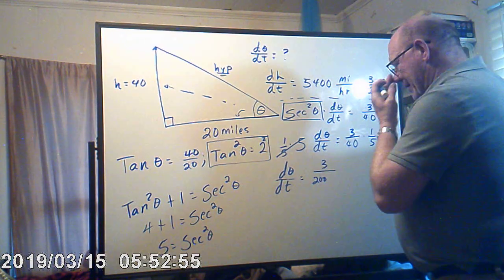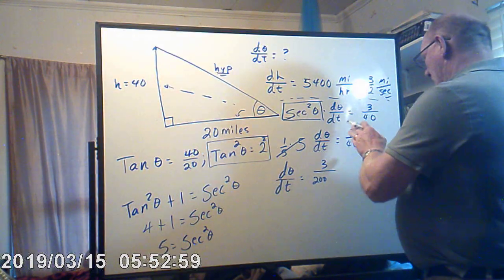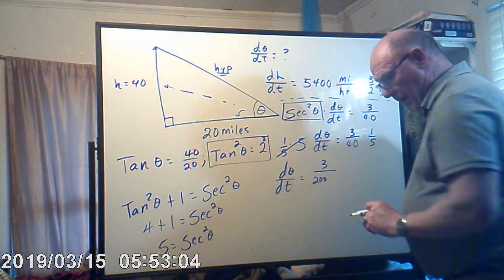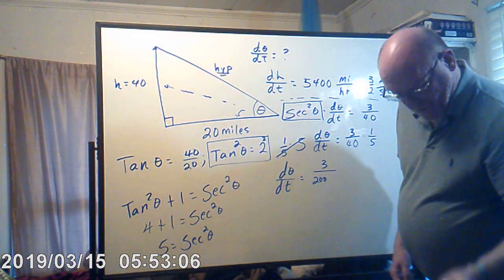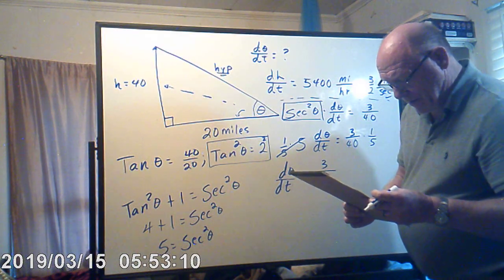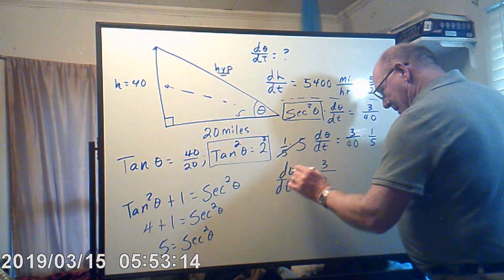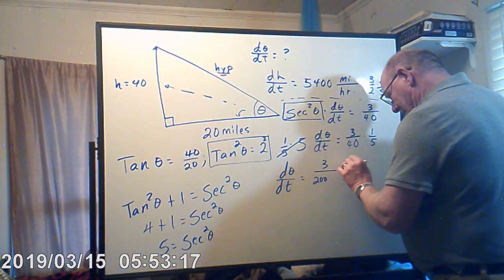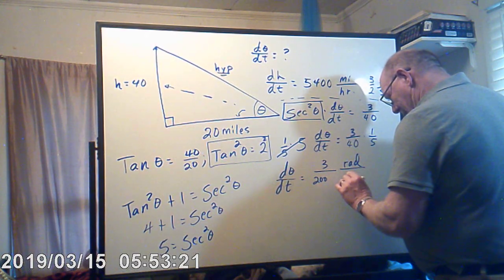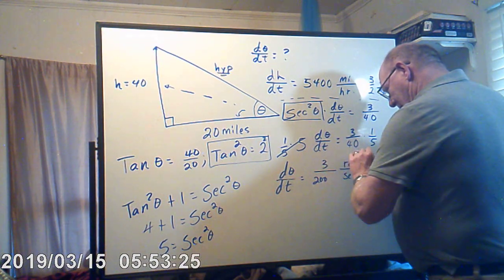And if you look at this, you probably see it's going to be in radians per second. And this is always in radians here. So the top number's in radians, now per second. Alright, there it is.